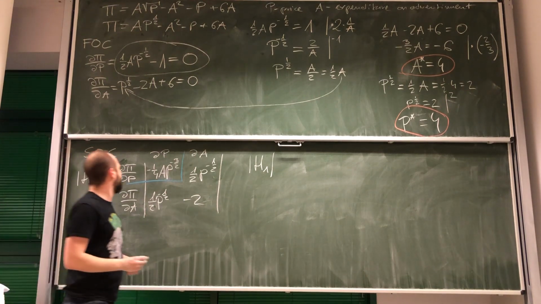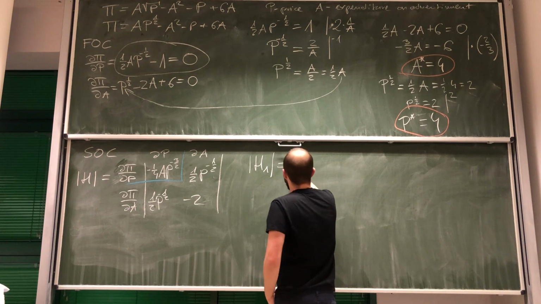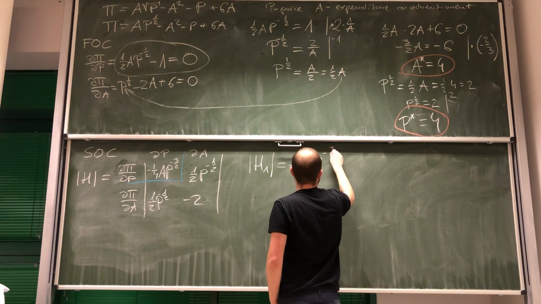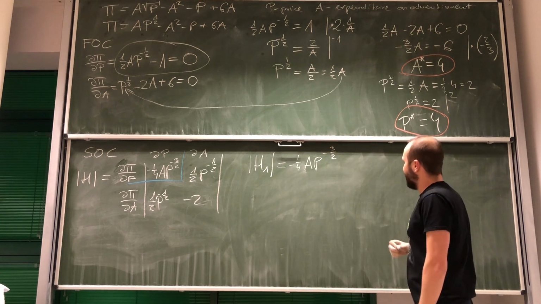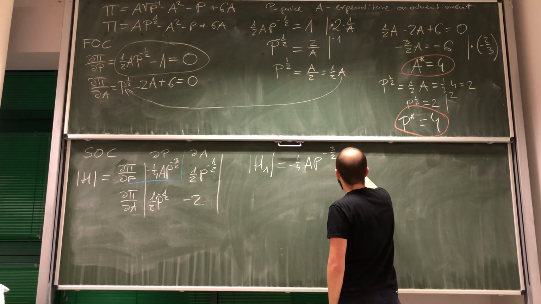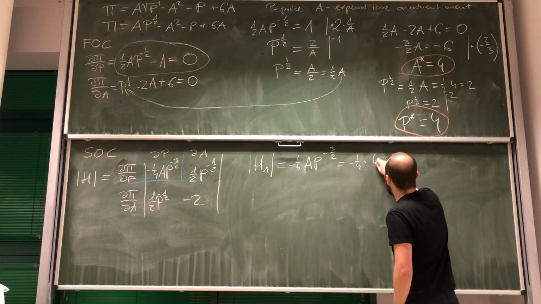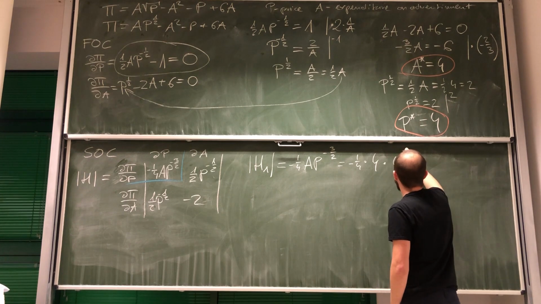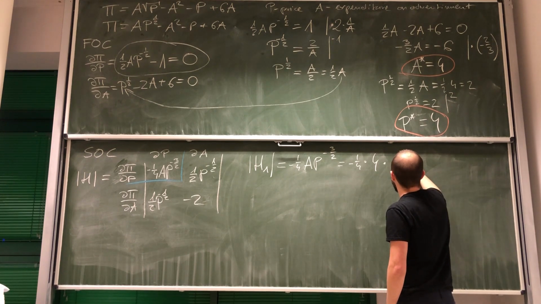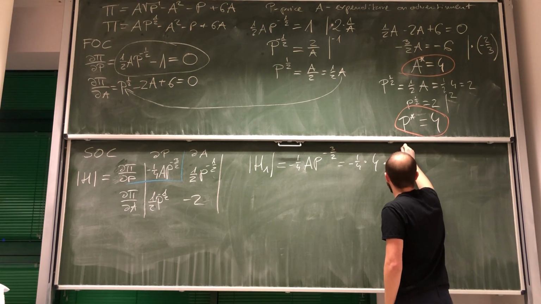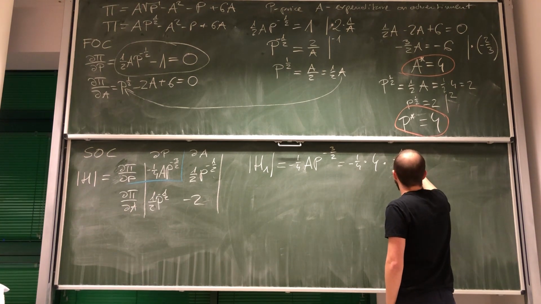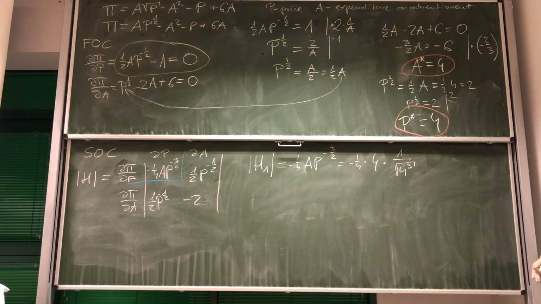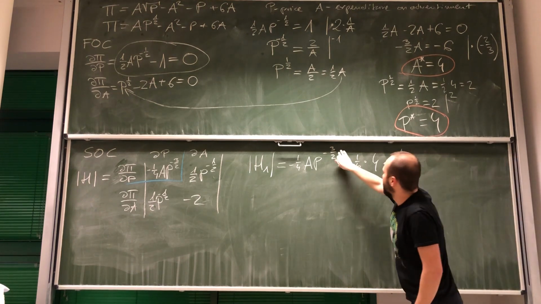Okay, so it is equal to negative 1 over 4 times A times B to the power negative 3 over 2. Okay, so how much is that? We get that this is negative 1 over 4 times 4, right? And times 4 to the power of 3 times 1 over 4 to the power of 3 square root, right? This is what we got out of this.